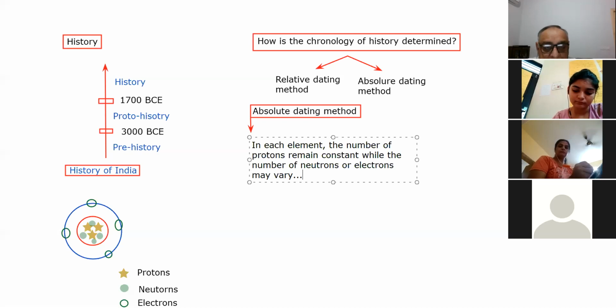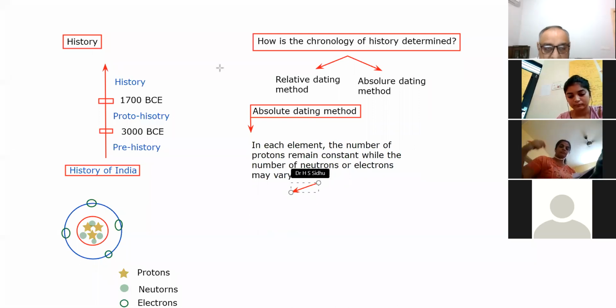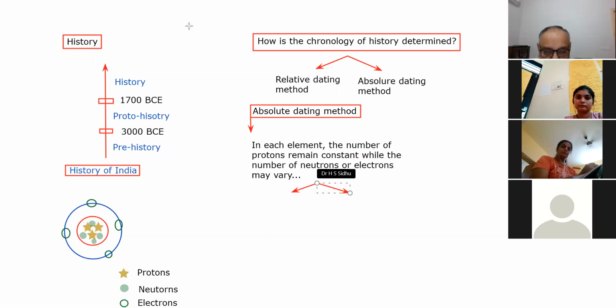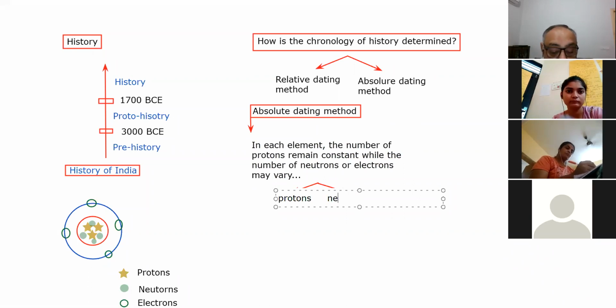So here we take two groups: one is the protons, and second is the neutrons and electrons.